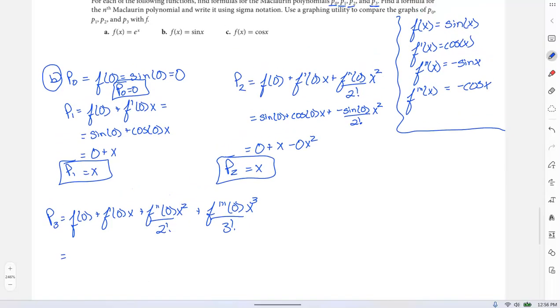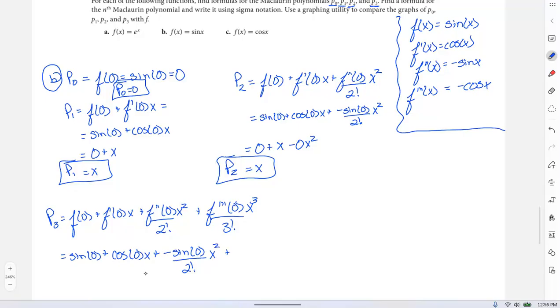So f of 0 is really finding the sine of 0. F prime of 0 times x would be finding cosine of 0 times x. F double prime of 0 over 2 factorial times x squared is negative sine of 0 over 2 factorial times x squared.